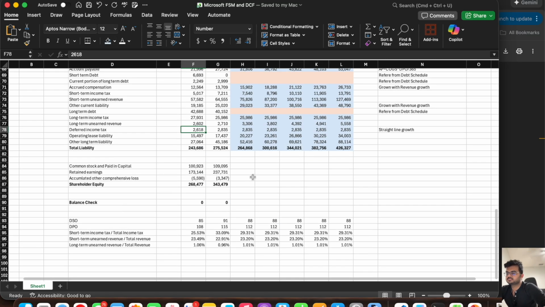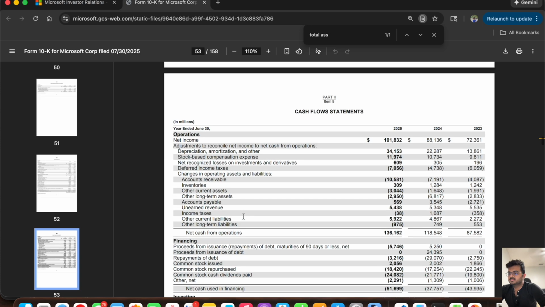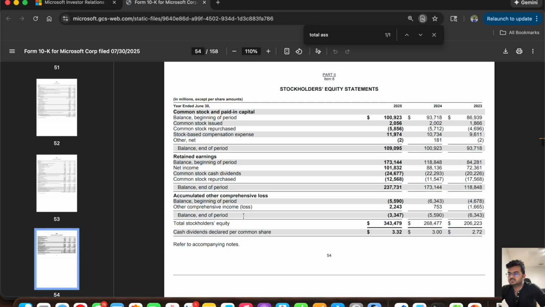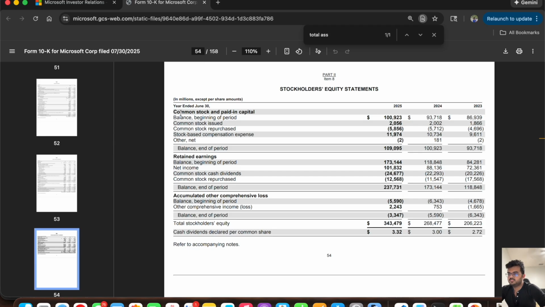This is done. Then finally, what we need to do is common stock and paid in capital. If we go to the shareholder equity statement, it shows in detail these three line items: common stock and paid in capital, retained earnings and accumulated other comprehensive loss.